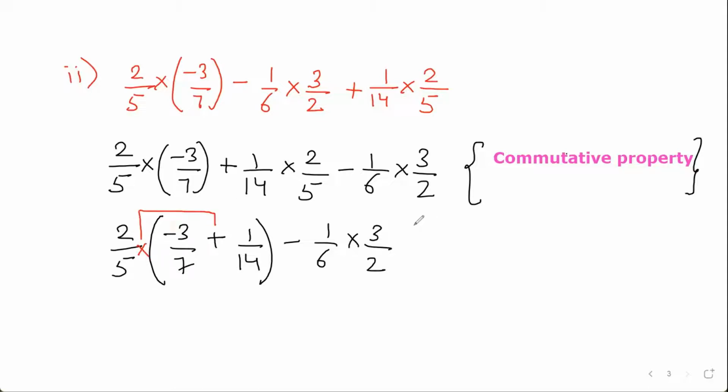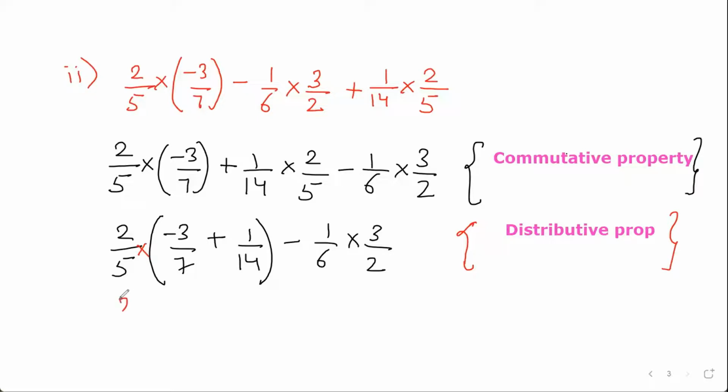So again, it is which property? Yes, it is distributive property. Whenever you find multiplication over addition like this, that means we have to follow distributive property. I just write here, this is distributive property. I'm writing property in short form. Okay, so this is distributive property.